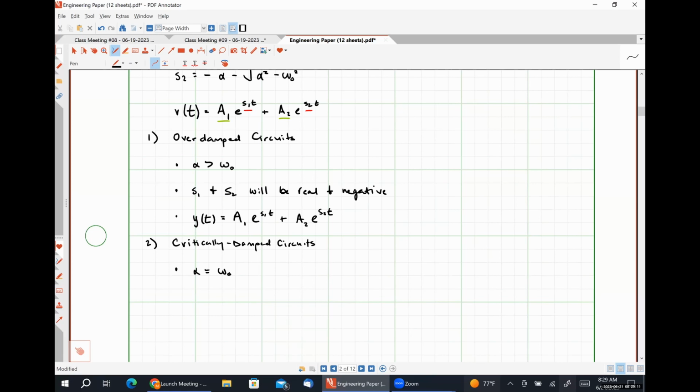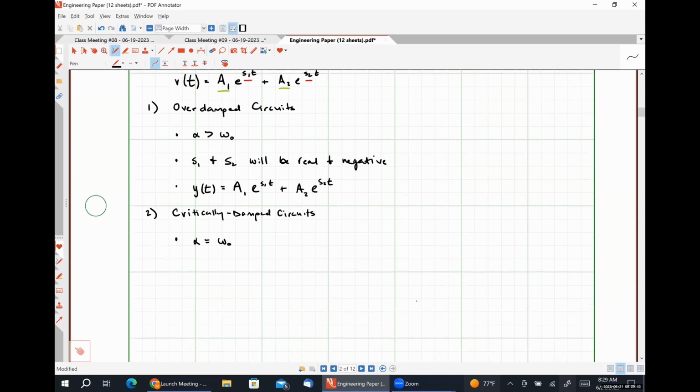And because of tolerances and things like that, it's very hard for us to make a true critically damped circuit. But from a design criterion, this is usually what we are trying to aim for. And I'll talk about why that is in a moment when I plot what these three responses are going to look like.